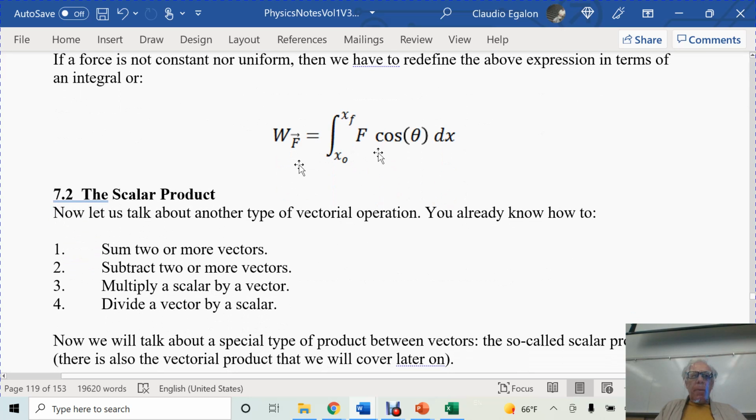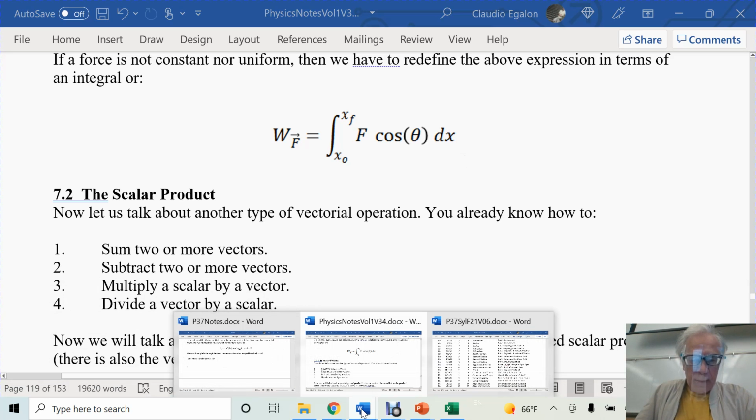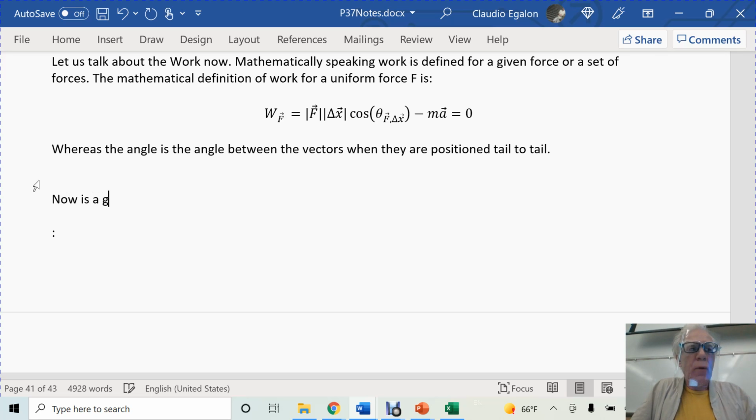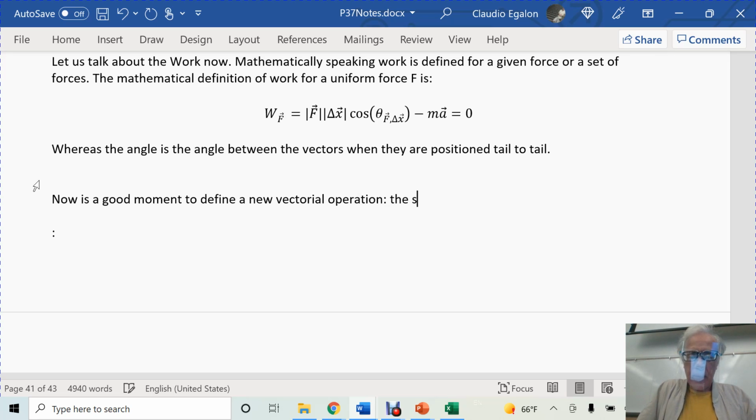Now, because of this type of operation that you see there, we can define something else that we call the scalar product. And we're going to use it. It's a useful type of product operation with vectors. Now is a good moment to define a new vectorial operation, the scalar product.